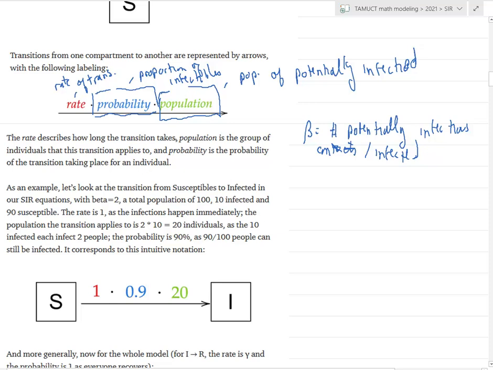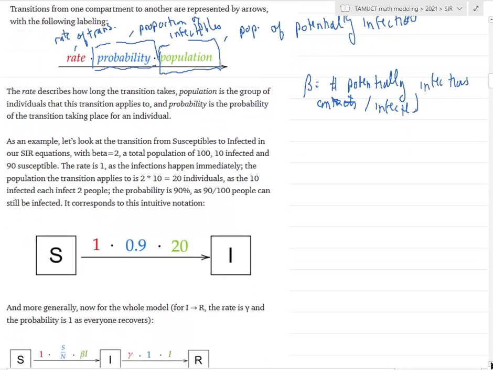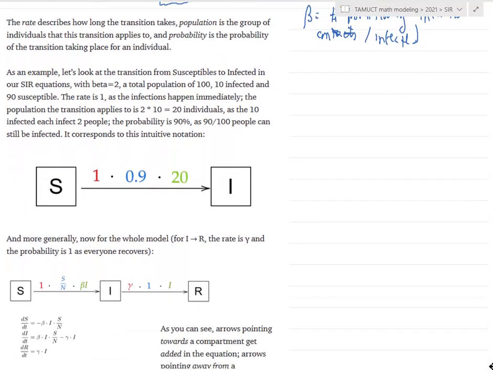So again, in this case, population would be the population of potentially infected, or potentially affected if you're talking about a different transition. And this is the proportion of the population that is affectable, and then this is the rate of the effect. So you can see how he also applies this to the transition from infected to recovered.